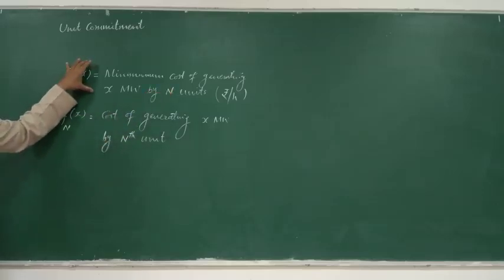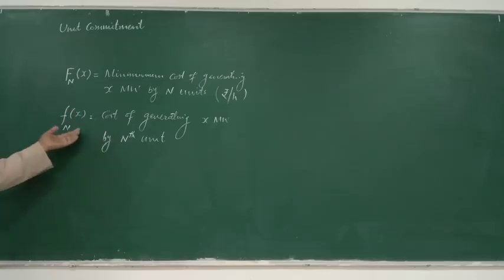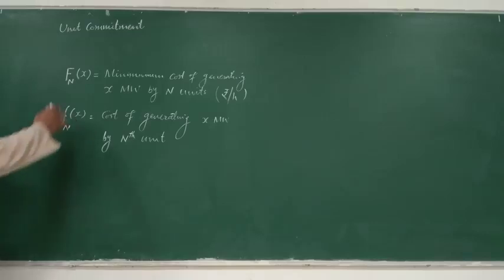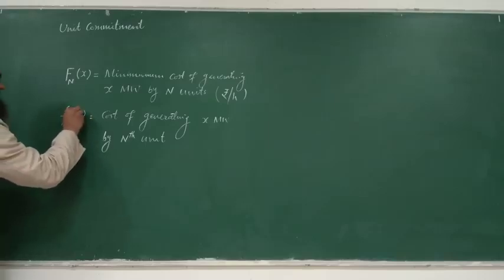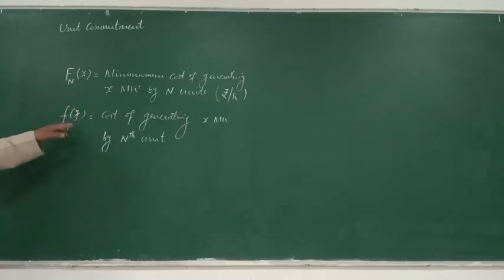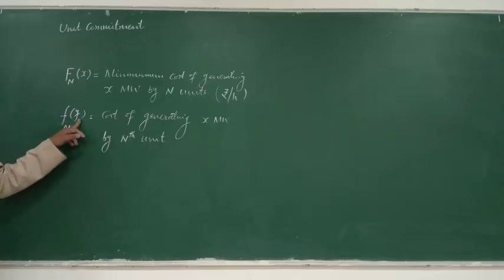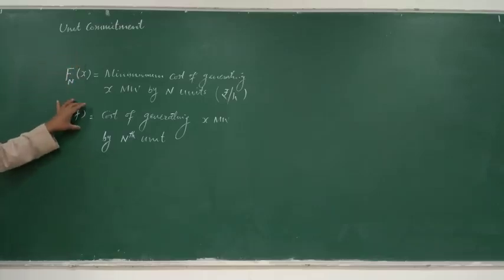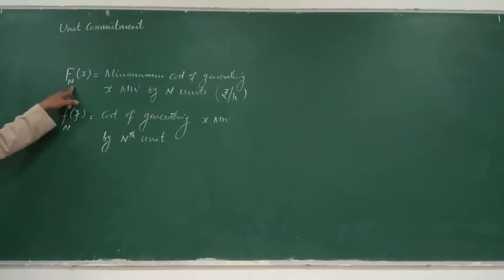This is optimal loading, right? What about this? This is not optimal loading. At any loading x on the nth unit, so we have selected 5 units, means the fifth unit. So if the fifth unit is generating y megawatt, some different variable, then the remaining x minus y megawatts will be generated by n minus 1 units, means 5 minus 1, 4 units.